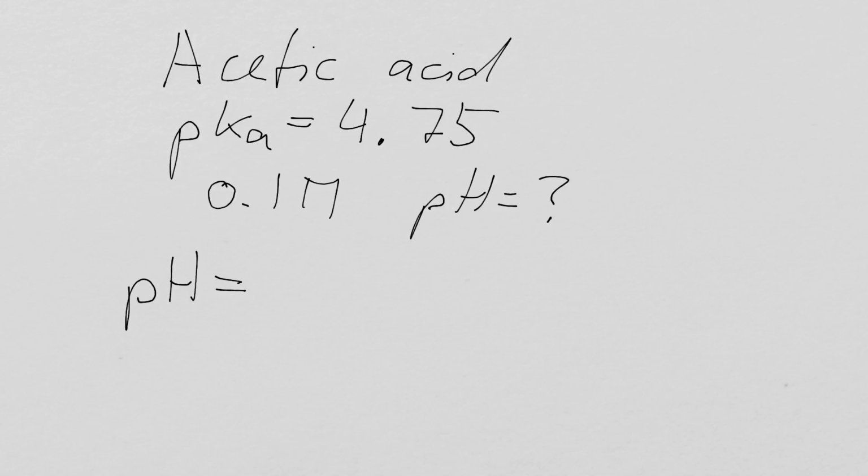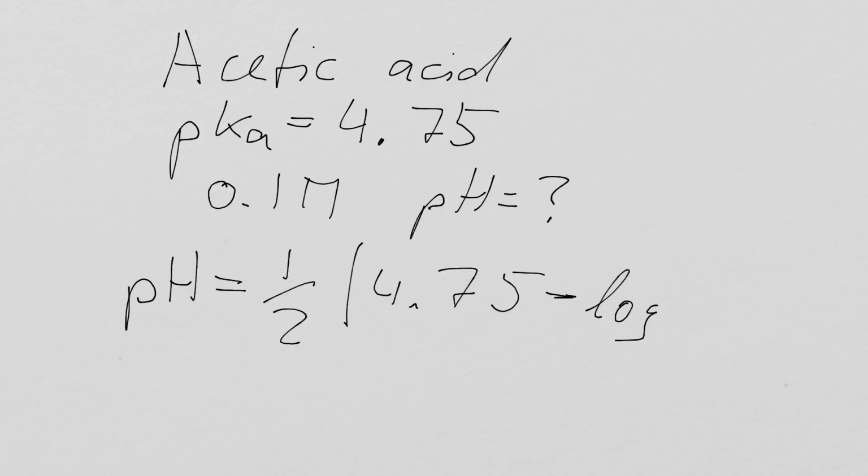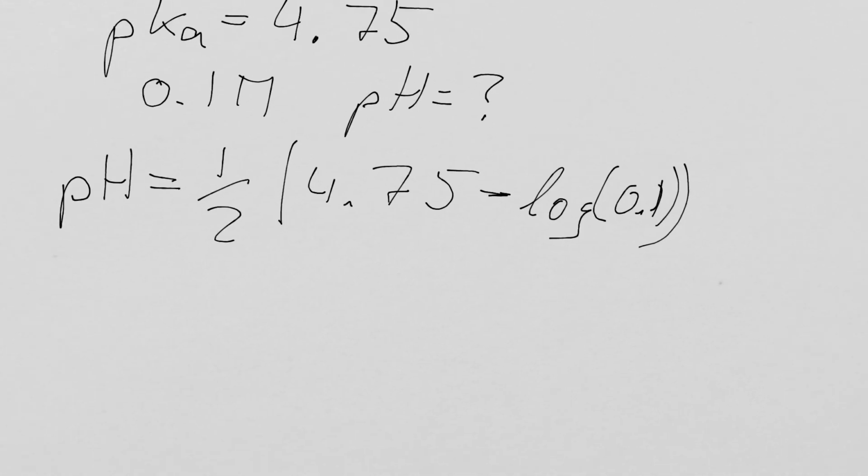So pH equals half of 4.75 minus log of 0.1. So we have 1/2 over 4.75 minus, what is log 0.1?